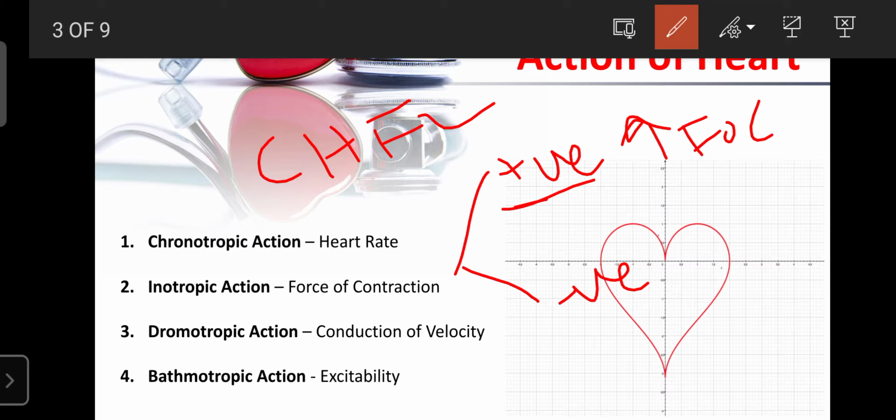And negative means decreasing the force of contraction. In the case of hypertension or increased blood pressure, we need to develop negative inotropic conditions in the heart, that means decreasing the force of contraction of the myocardium.